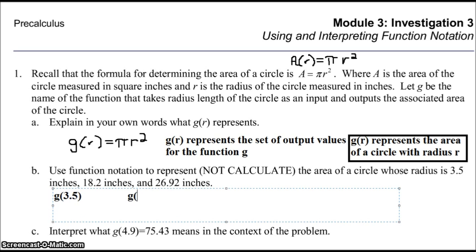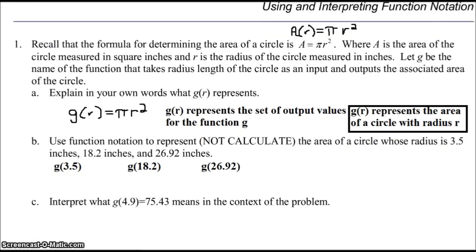If our radius is 8.2 inches, we can represent the area with g of 8.2. And if the radius is 26.92 inches, we can represent the area with this expression here, g of 26.92.